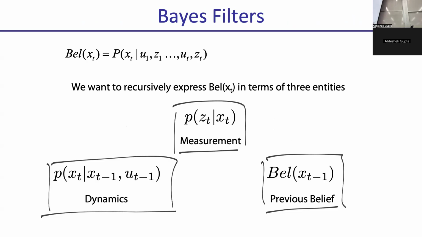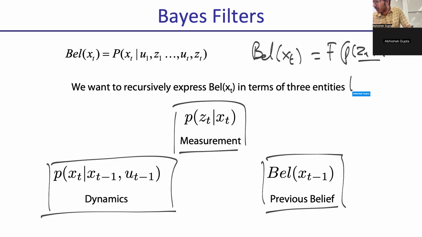We want to express the belief at time t in terms of the belief at time t minus 1, and some combination of the dynamics model and the measurement model. And so our purpose is to find the relationship between belief xt and some combination of your measurement model, your dynamics model, and belief at xt minus 1.